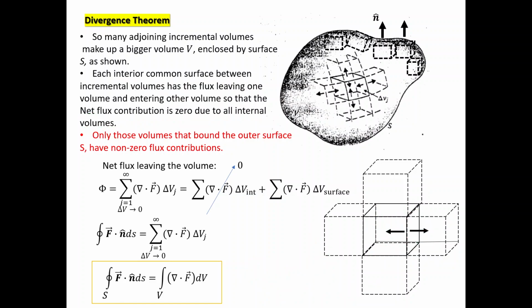But the case will be different for those volumes which are at the surface. Because as you can see here, this face of the incremental volume is forming the surface. It's a part of the surface S. So there will be net flux outward at these faces.